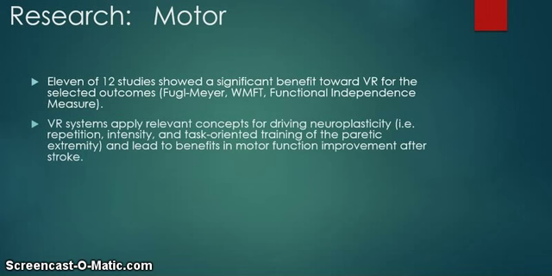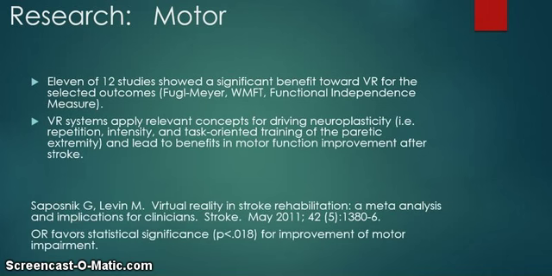From a motor standpoint, this meta-analysis, conducted by Saposnik in 2011, noted 11 of 12 studies showed a significant benefit towards virtual reality for the selected outcomes, specifically the Fugl-Meyer, the Wolf Motor Function Test, and the FIM.